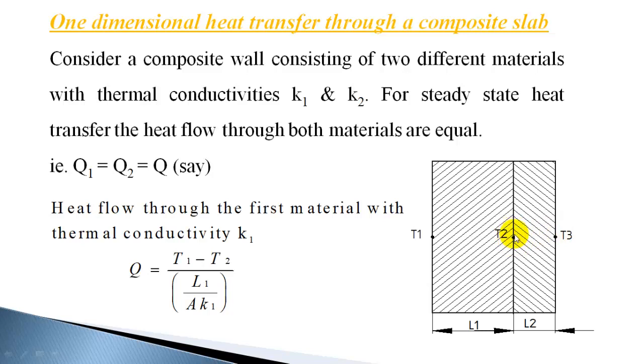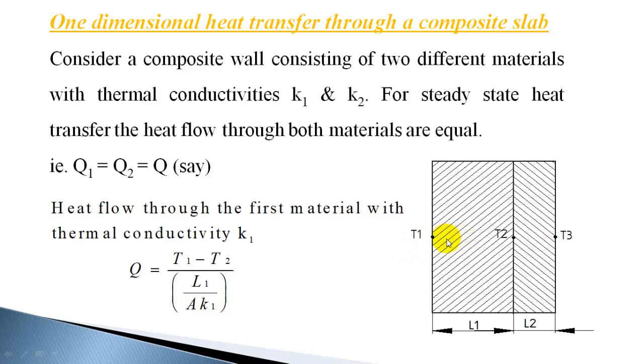So after some time, a steady state will be attained. So you should leave it for a longer period of time. We are considering the steady state heat conduction only. In the beginning it will not be steady state, but after some time it will attain steady state, and when it reaches steady state we are considering the heat flow.